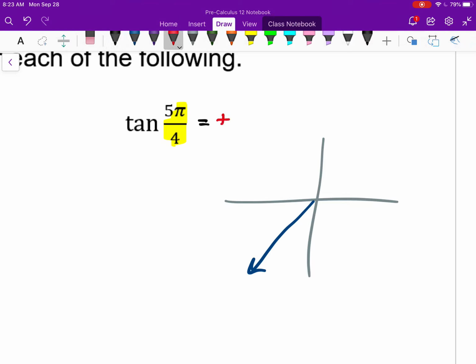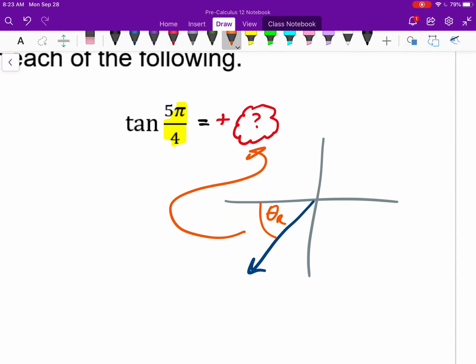All that's left now is to think about positive what? Whatever's going to go here is going to be the same as the tangent of my reference angle. So once I know what my reference angle is, I just have to think about what's the tangent of that reference angle. Whatever that number is goes right there. So what's my reference angle? My reference angle is pi over 4. Literally, I figured out this rotation by going 5 of these pi over 4s.